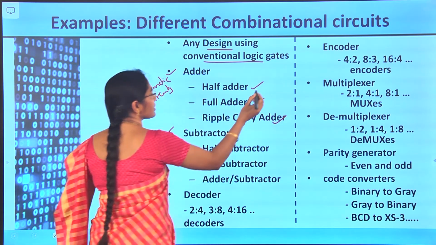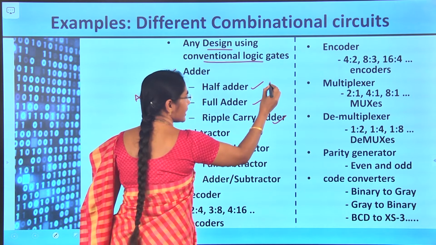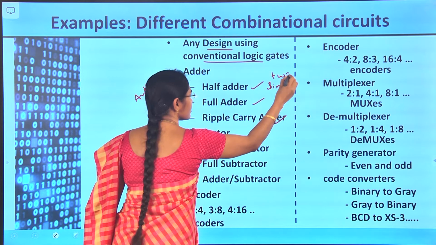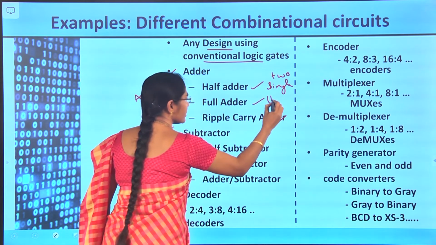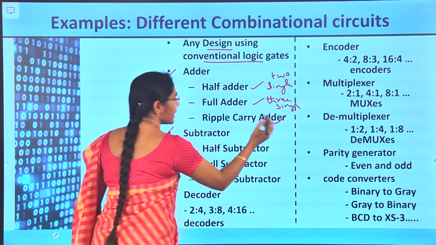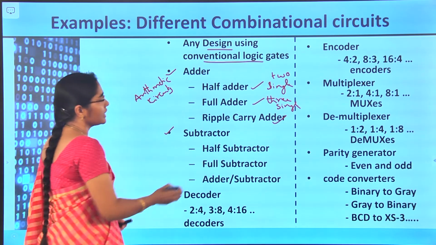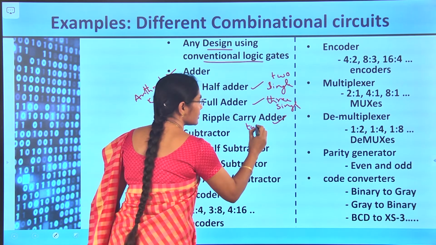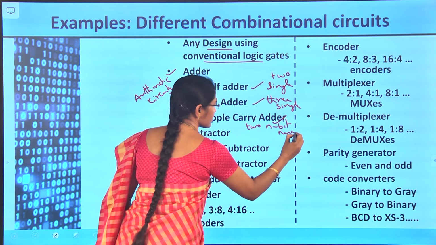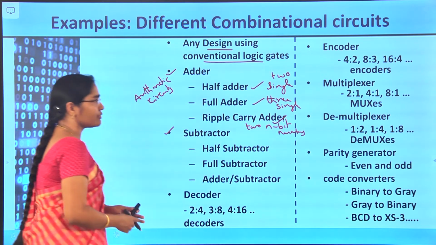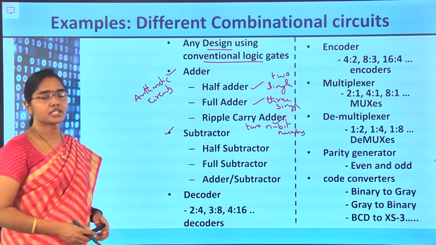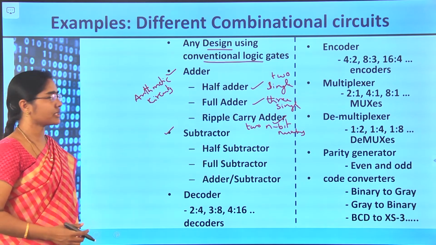The half adder is used for adding 2 single-bit numbers, the full adder is used for adding 3 single-bit numbers, and the ripple carry adder is used for 2 n-bit numbers. Starting from single-bit addition to multiple-bit additions, we are going to study different types of adders in this unit.